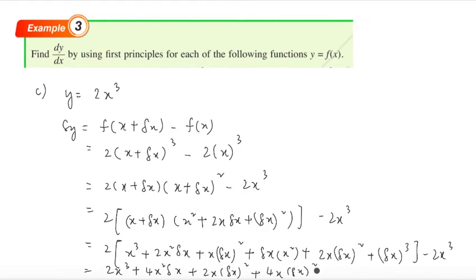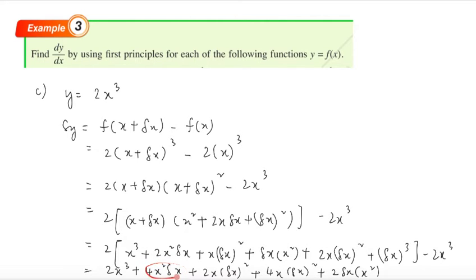Okay, I miss out here. This one, first, second, third, fourth, I miss out here. 2 delta x squared, 2 delta x times x squared. So same with here later, these two can combine.